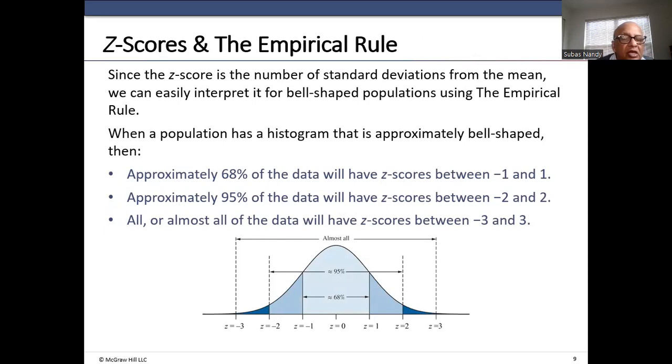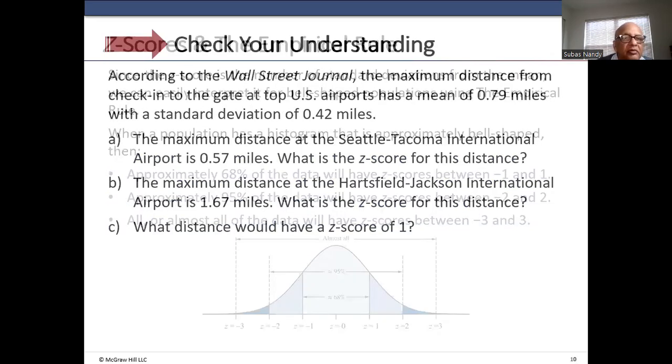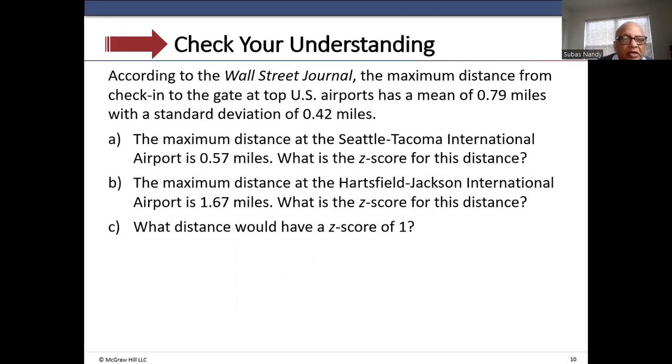According to the empirical rule, approximately 68% of the data will have Z-scores between -1 and 1, approximately 95% will have Z-scores between -2 and 2, and almost all will have Z-scores between -3 and 3. Check your understanding.